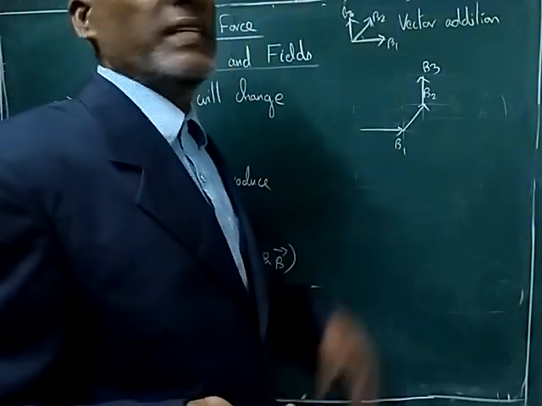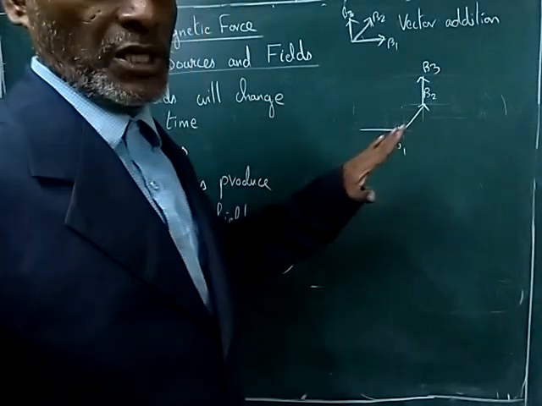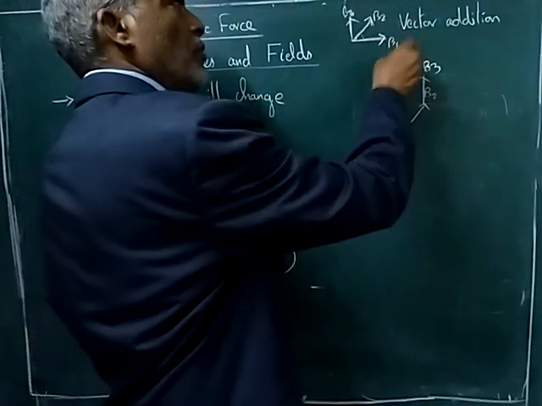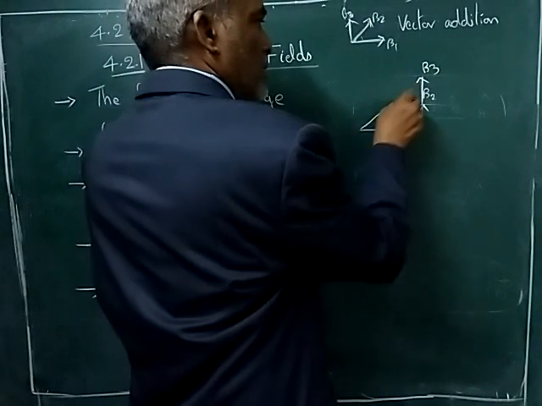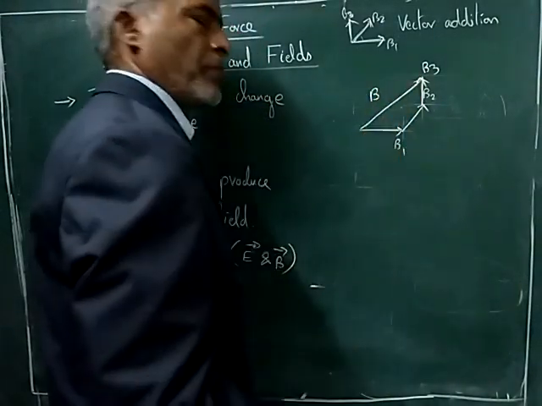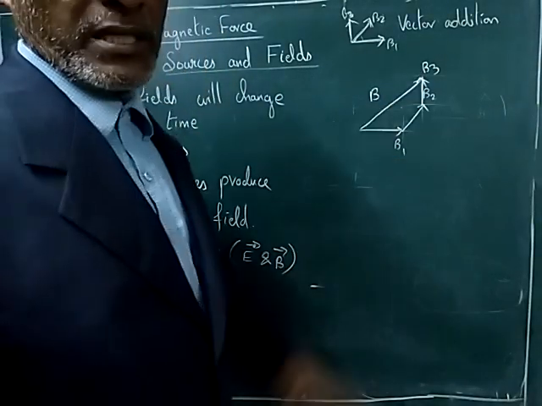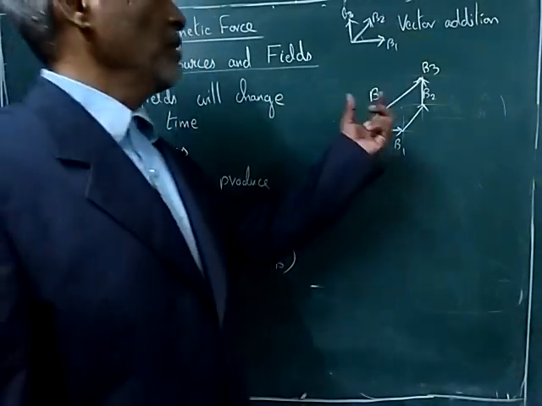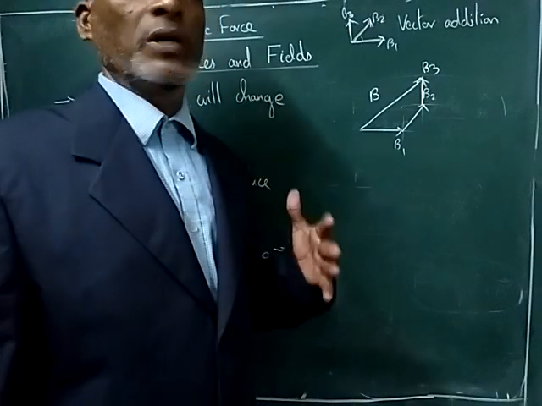This is the graphical representation. The resultant of B1, B2, B3 will be like this. This is the resultant vector, BR, and it has some direction. That means magnetic flux density will have its own direction.